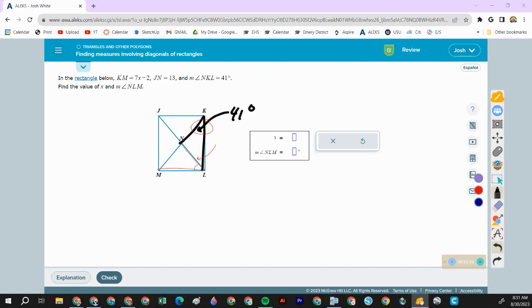That's also 41, right? Because inside this triangle, we have two equal sides, which means we have two equal angles. So this one is 41. So how do I find that angle? That's a right angle because it's a rectangle. So we take 90 degrees and subtract 41, and I get, what is that, 49?